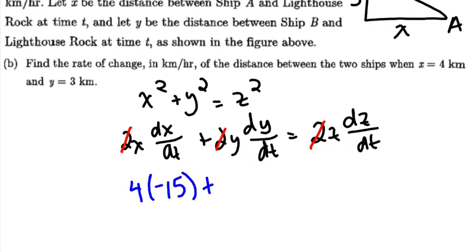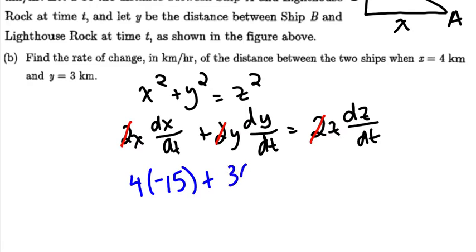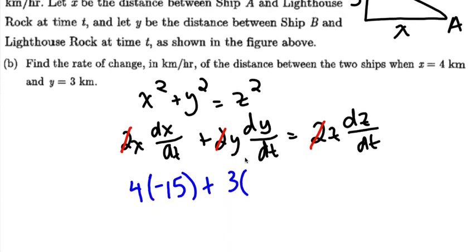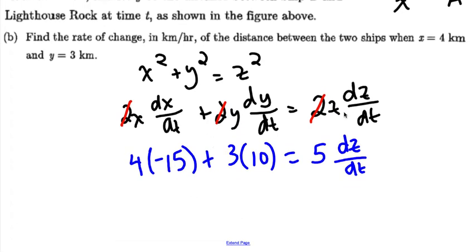Plus y was 3. dy/dt is the rate that B is moving, so that is 10, equals z, which we know was 5, and dz/dt is what we're trying to find now: the rate, in kilometers per hour, of the distance between the two ships.